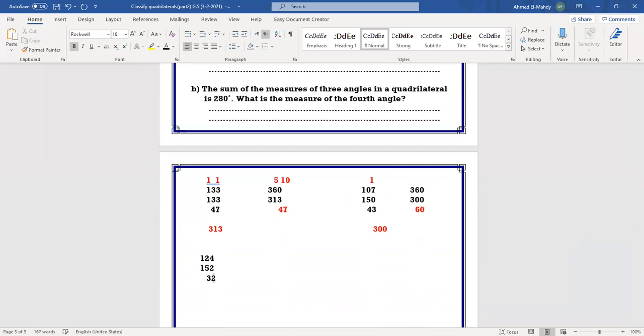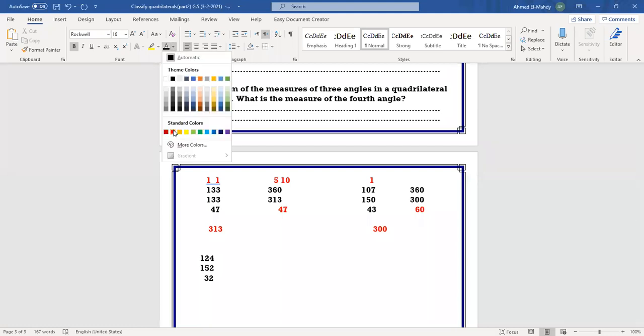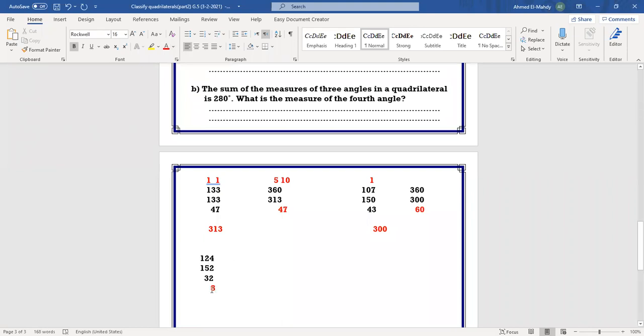Add. 4 plus 2, 6. 6 plus 2, 8. And 2 plus 5, 7. 7 plus 3, 10. 0, carry up 1. 1 plus 1, 2. 2 plus 1, 3.